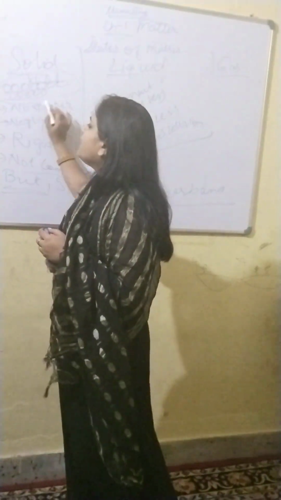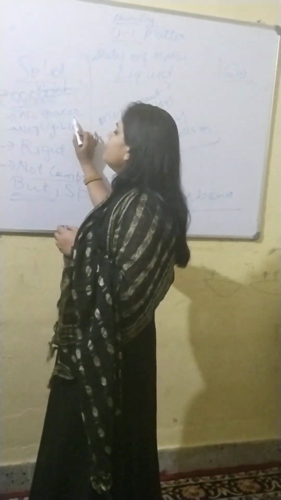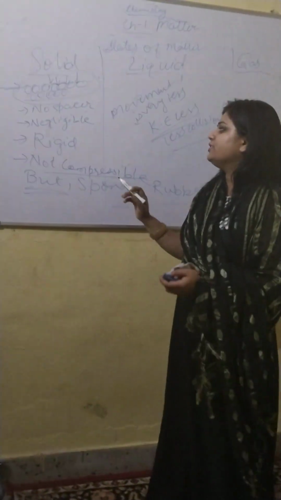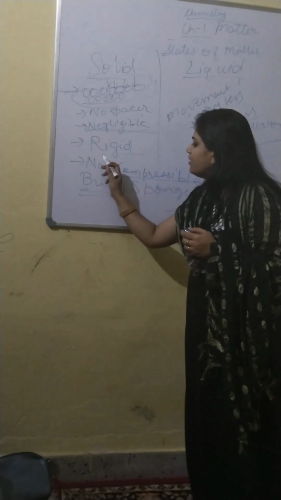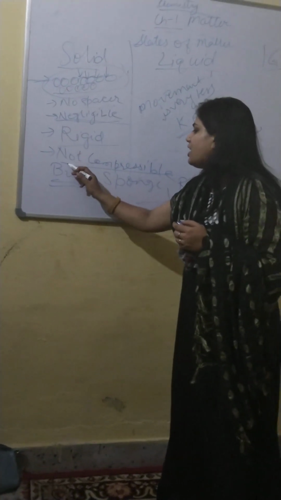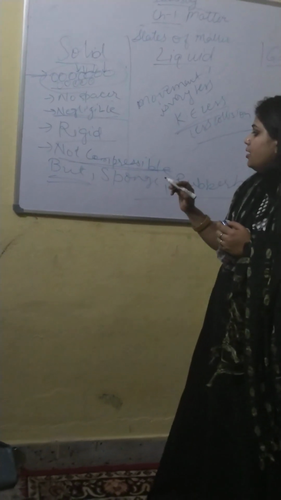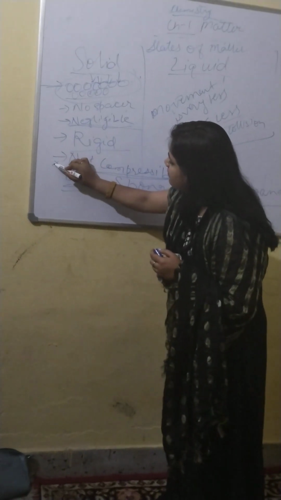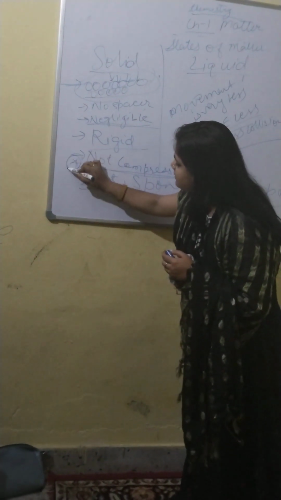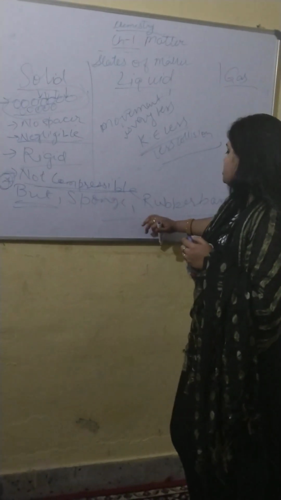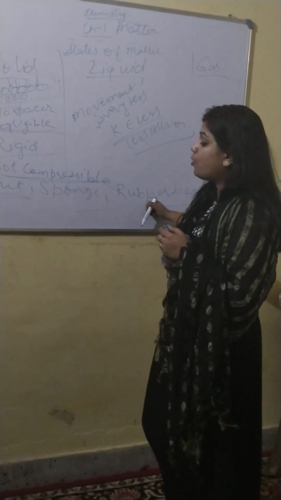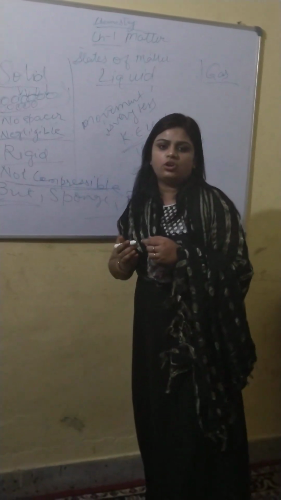So, understood what the property of solid is? They are closely packed. They have no spaces in between them, only negligible space. They are rigid in structure. They are not compressible, but mark it as important: there are two exceptions, sponge and rubber band. Sponge is called porous solid.